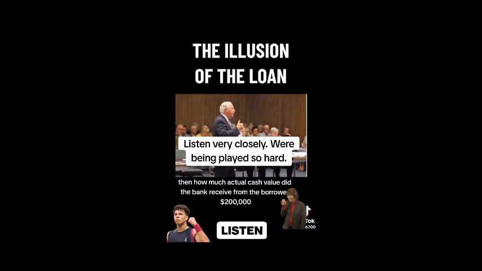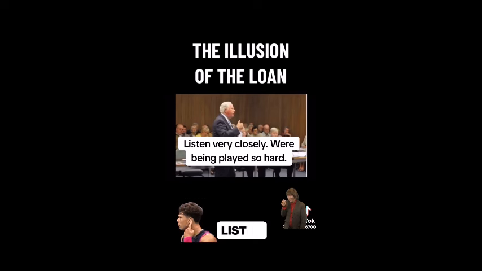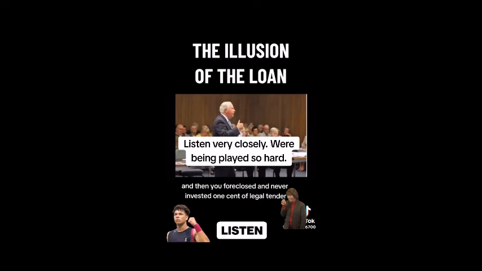Then how much actual cash value did the bank receive from the borrower? $200,000. So then, is it true you received $200,000 actual cash value from the borrower plus monthly payments, and then you foreclosed and never invested 1 cent of legal tender or other depositor's money to obtain the promissory note in the first place?